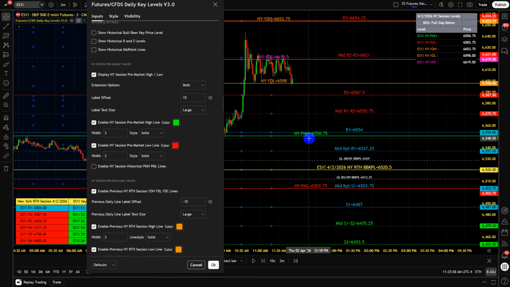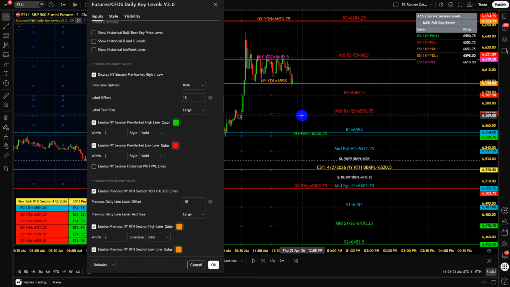When it gets to 9:30 of that day, say you were looking at this at 1 a.m. and then 8.5 hours later, it's now 9:30, then this will have the PMH and PML for the current session plotted here. The first tick of 9:30 open, and then the YDH, YDC, and YDL would be yesterday.